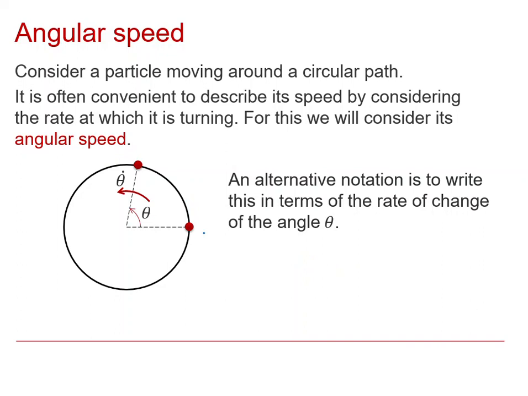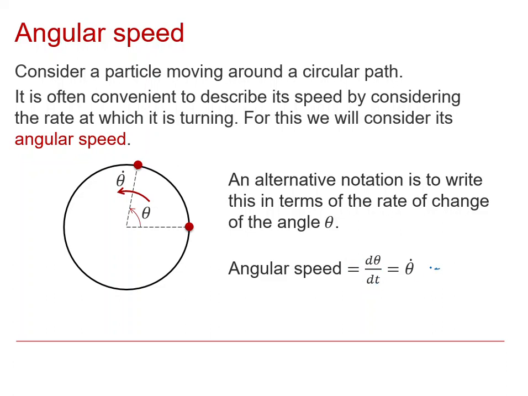Now, an alternative notation: that omega, which is the standard letter used for angular speed, is turned into theta dot. Why that? Well, if you think in terms of the angle that's developed over time, there's a rate of change of angle, and d theta by dt is an alternative way of writing omega.